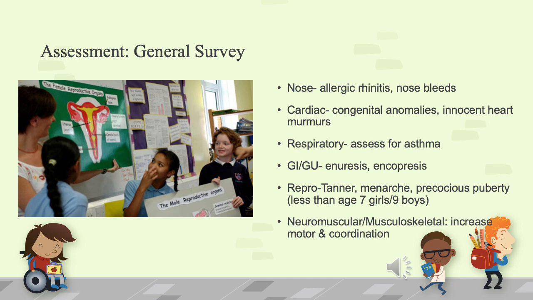Precocious puberty is when they go through puberty younger than age 7 for girls and 9 for boys. Neuromuscular and musculoskeletal assessment, they will have an increased motor and coordination compared to that of the early school age or the preschooler. So you'll see a lot more of sports and gaming than you would in the younger ages.